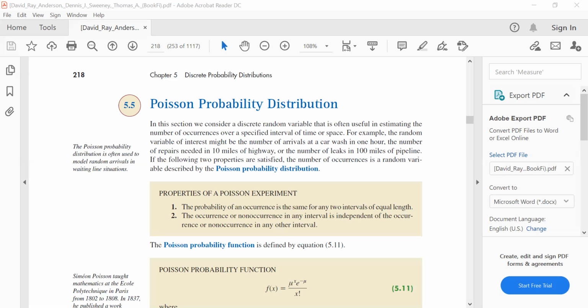So we studied three conditions that need to be satisfied to apply the Poisson probability distribution. These three conditions are: x is a discrete random variable, the occurrences are random, and the occurrences are independent.